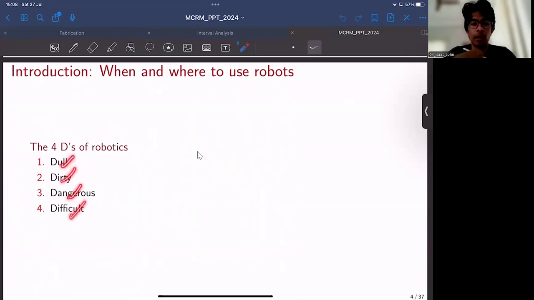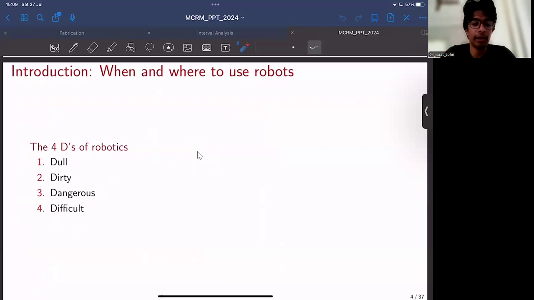dirty, dangerous, or difficult. And these basically change with respect to what era or what phase we are living in. Earlier, when robots were first being employed, it was only dull, dirty, and dangerous tasks where we would use robots. Now we would also use them for tasks which are inherently difficult for human beings to perform.